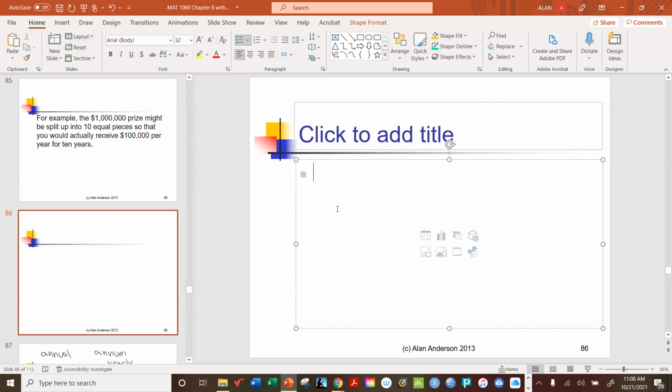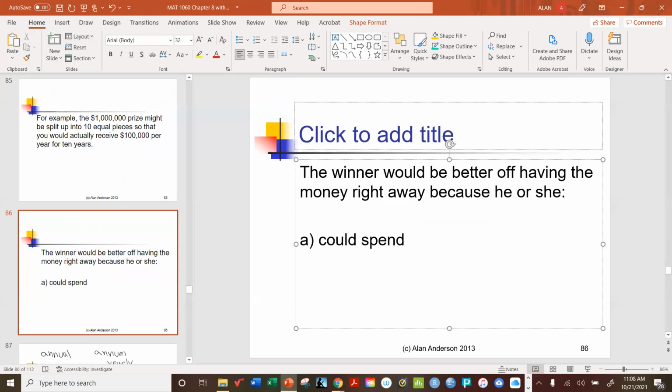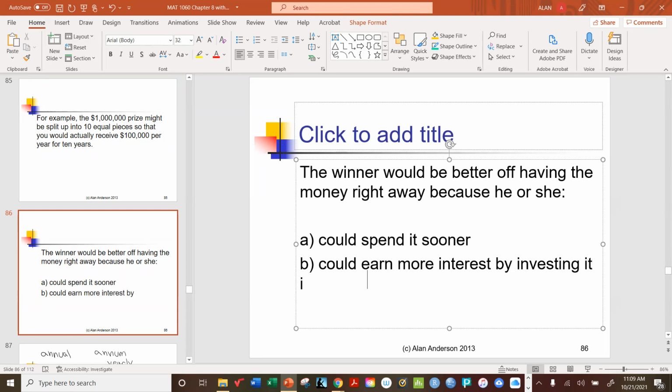Okay, so the winner would be better off having the money right away because he or she could spend it sooner, which is what a lot of the winners do apparently, or could earn more interest by investing it immediately instead of being split up over 10 years.